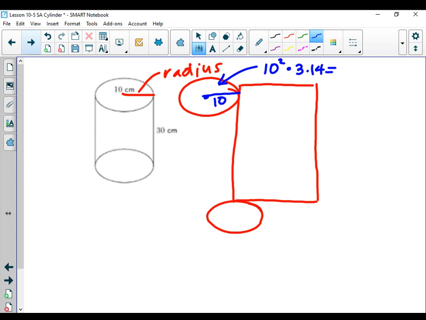In this case, since there's a decimal, you would jump right twice. So we just found the area of that top circle to be 314.